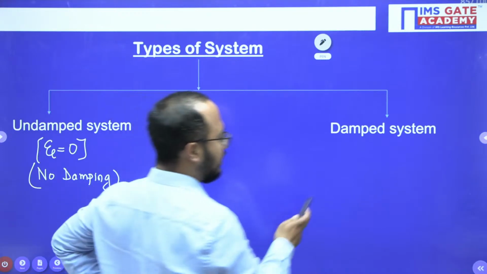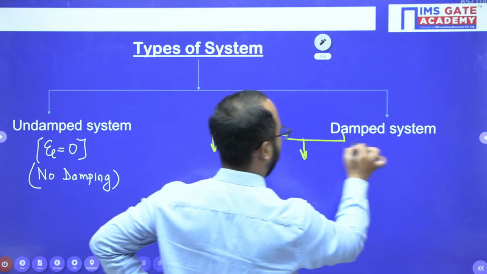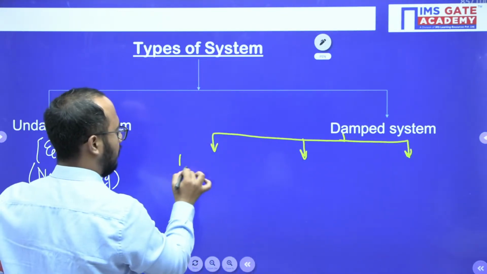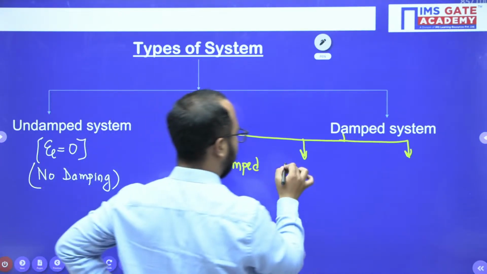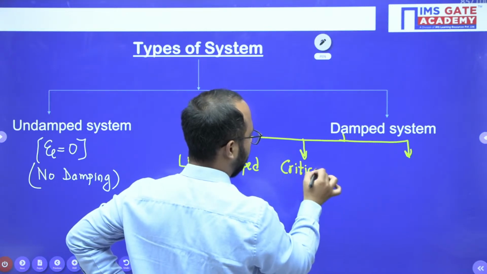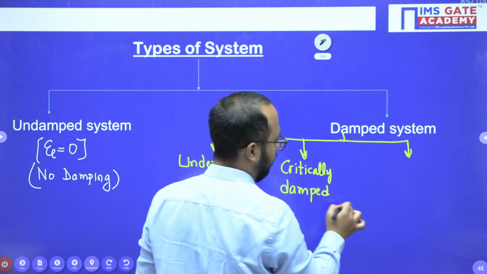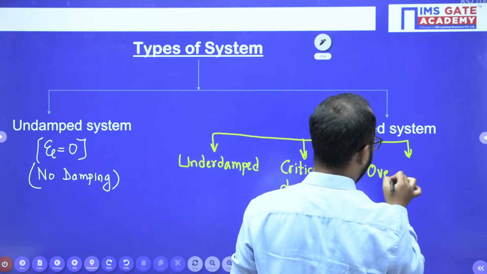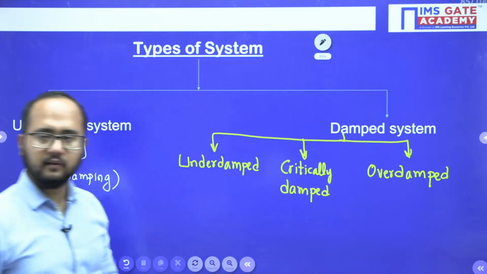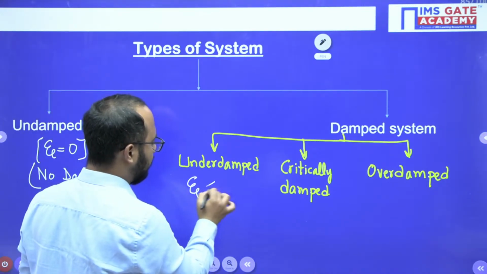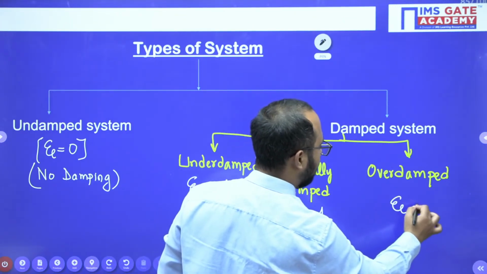Now, for the damped system, 3 cases are possible: underdamped, critically damped, and overdamped. Okay. Now see what will happen. In the underdamped case, the psi value is less than 1. Critically damped, psi value equals 1. Overdamped, psi value greater than 1.